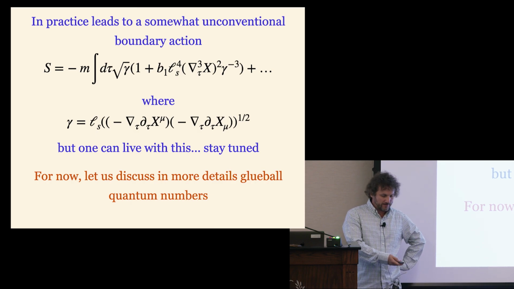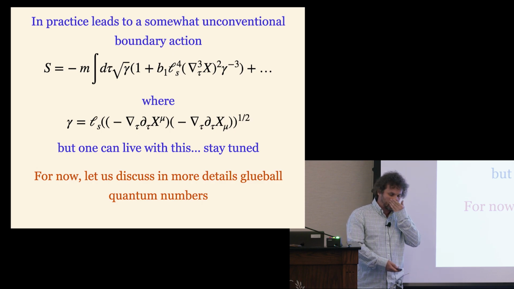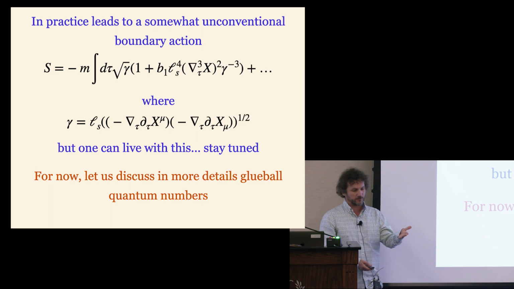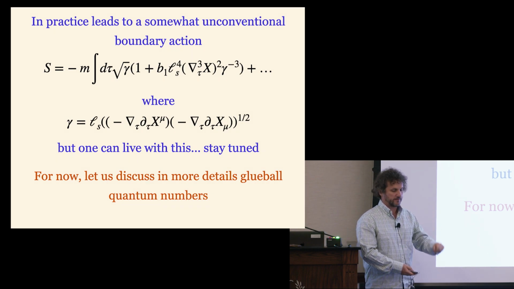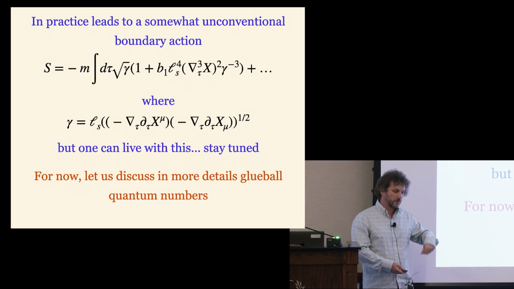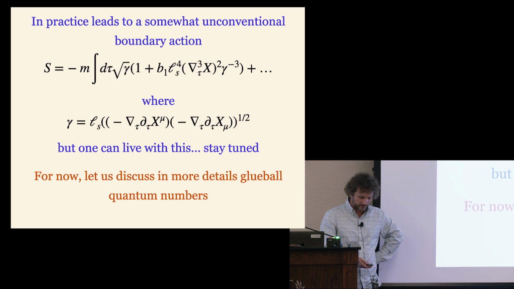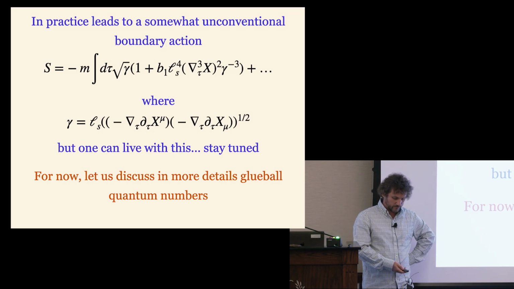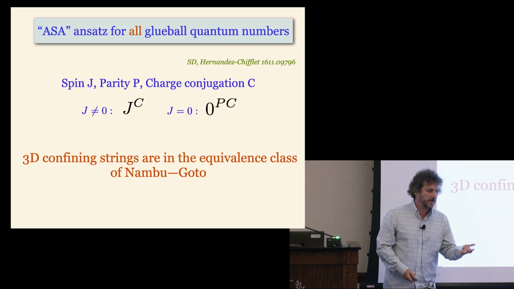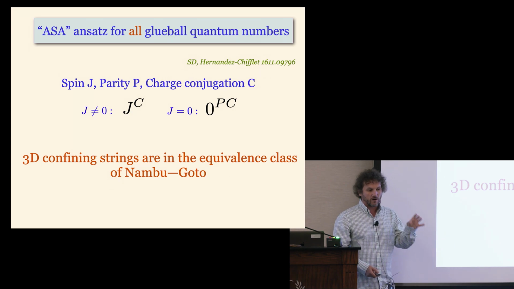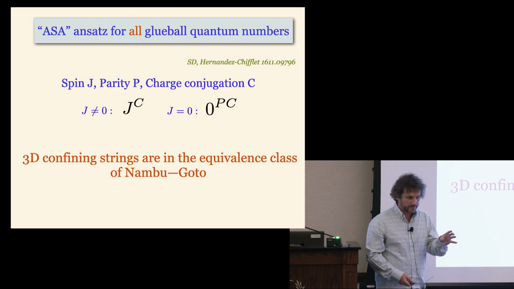Namely, what happens in 3D Yang-Mills. A priori, as I said, this approach would allow us to calculate the spectrum of low-lying states close to the rigid trajectory. But initially, we were trying to be more ambitious, and we came up with an ansatz for all global quantum numbers.